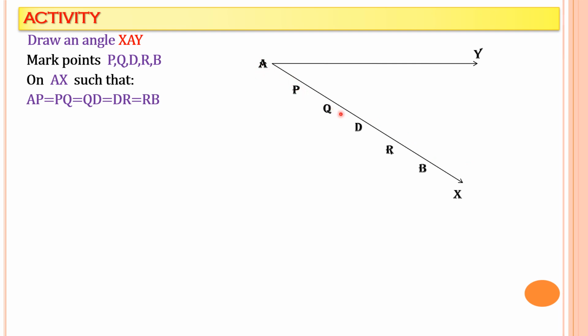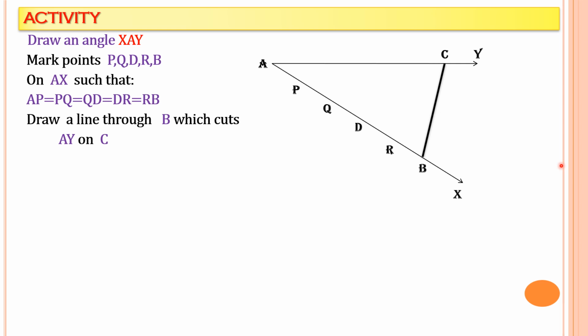On equal distance we mark 1, 2, 3, 4, 5 points. Means A to B is divided into 5 equal parts. Then from the last point B, draw a line which cuts AY at C, this way.